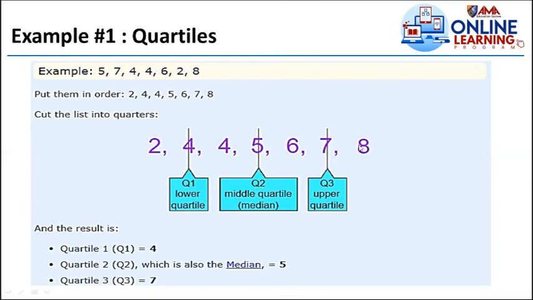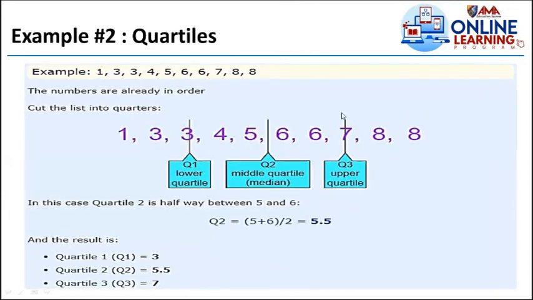So, tatlong numero, automatic yung gitna, that is our median. Pero ang tawag po natin doon, that's our Q3 or upper quartile. And the result is, Q1 is equal to 4. Quartile 2, your median, is equal to 5. And quartile 3 is equal to 7. So, yun po yung tinatawag nating quartile.